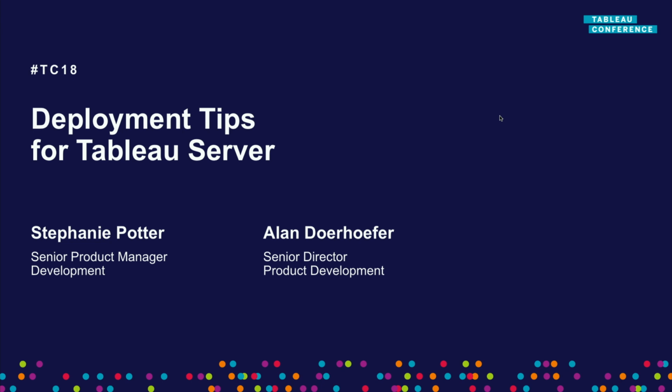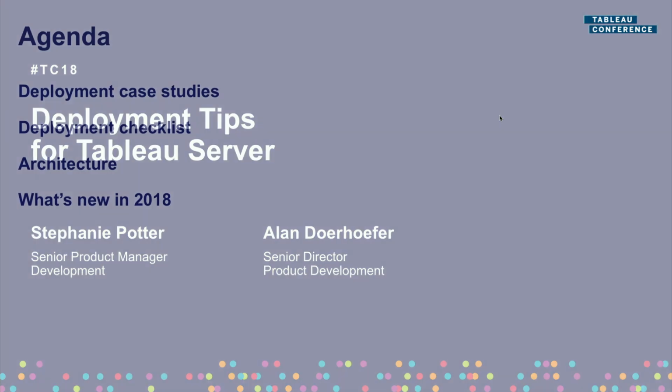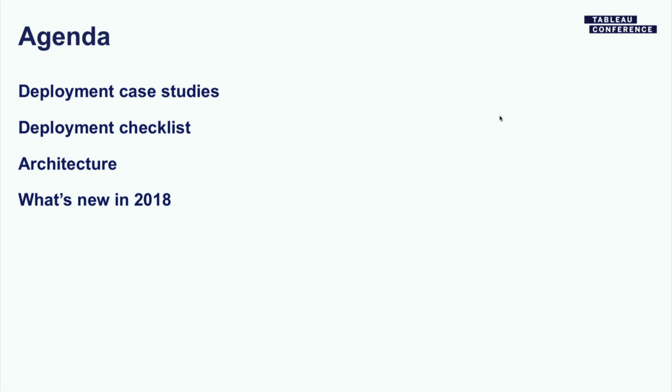We'll also talk to some things that are new in 2018, and there may be some things if you've been administering Tableau Server for a while that we'll cover that you haven't thought about. So a great place to be. All right, so our agenda today is we're gonna talk about some case studies to kind of give you scenarios that you may be puzzling over yourself.